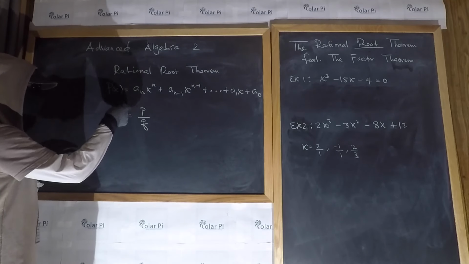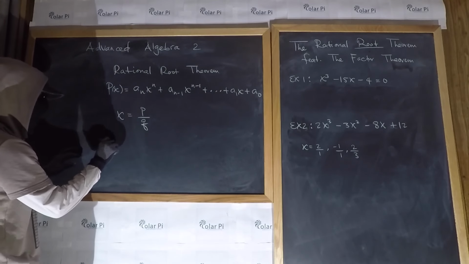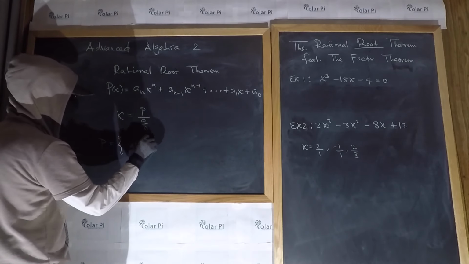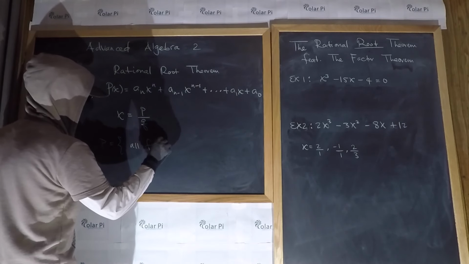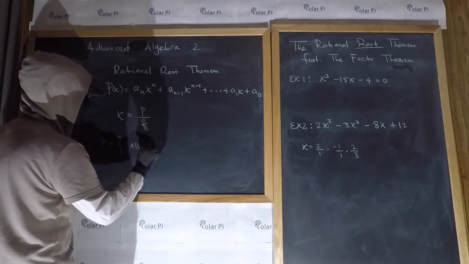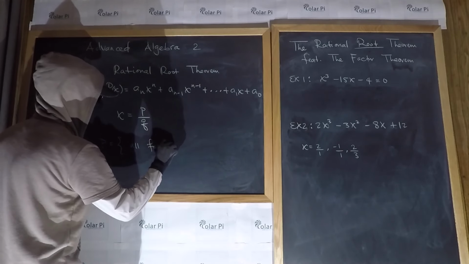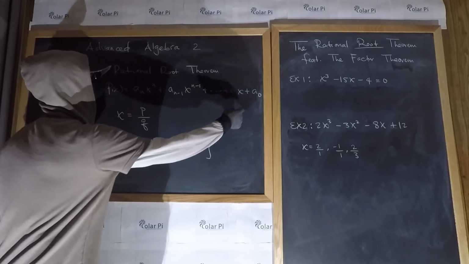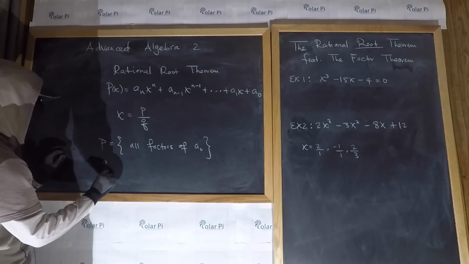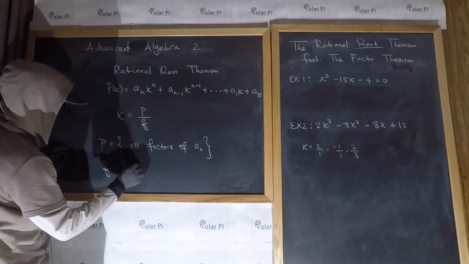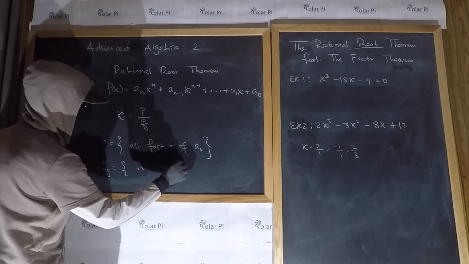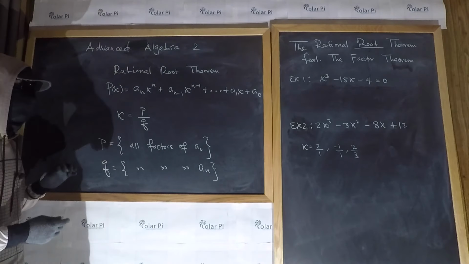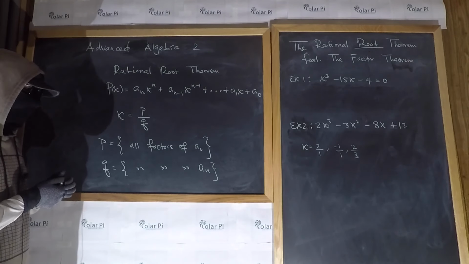That is, x equals p divided by q, where p is the set of all factors of a sub 0, or the constant term in the polynomial, and q is the set of all factors of a sub n, or the leading coefficient. So this is what you do.